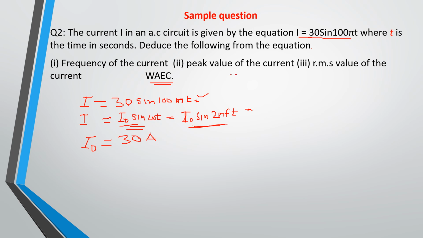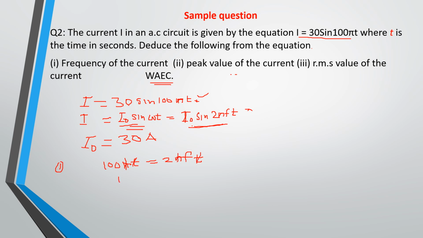Okay, fine. So for us to find the frequency, we are going to compare the two. If we compare these two equations, you will have that 100 pi t equals 2 pi f t. So you cancel this out, you cancel this out.